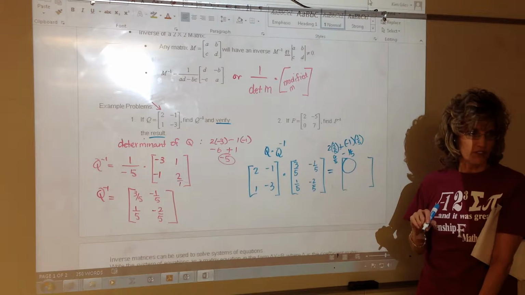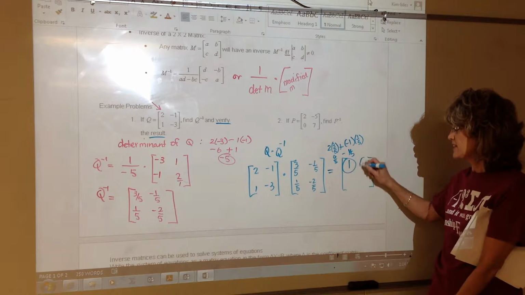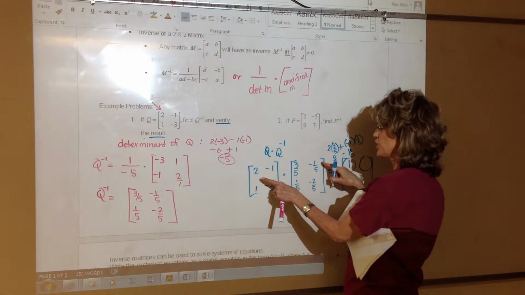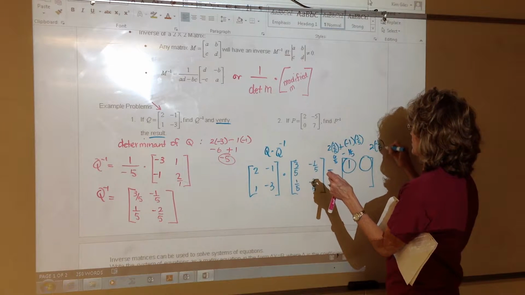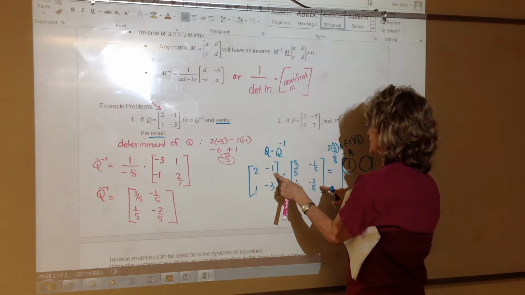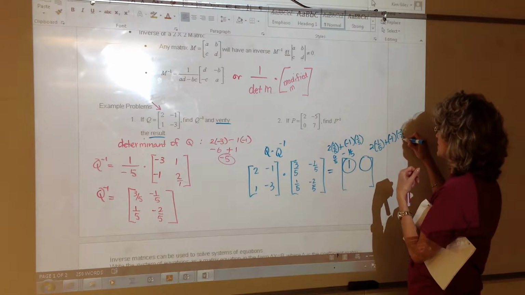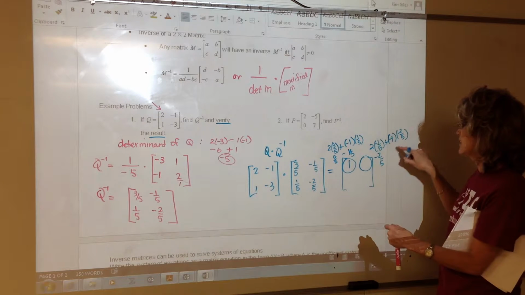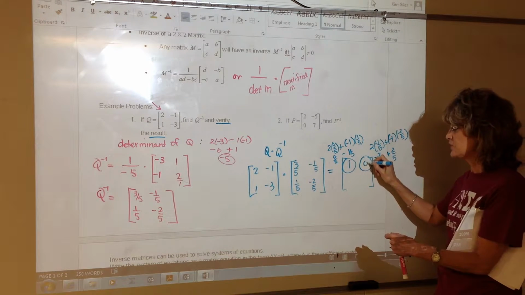That's 5/5 or 1. This entry right here, we go across row 1, down column 2, so that'll be 2 times -1/5 plus -1 times -2/5. So that'll turn into -2/5 and +2/5, and that gives us 0.